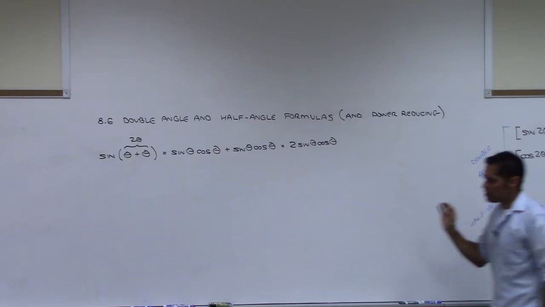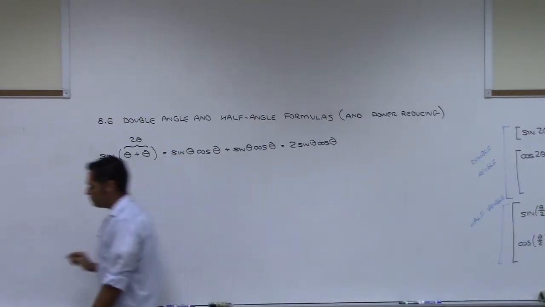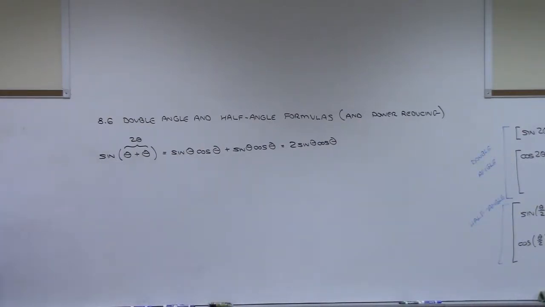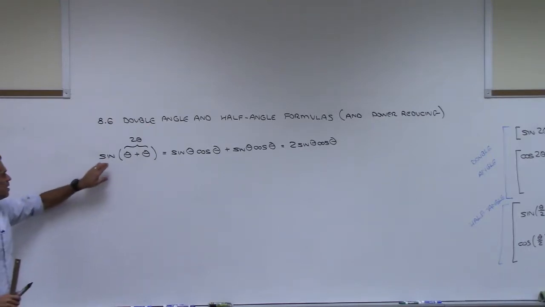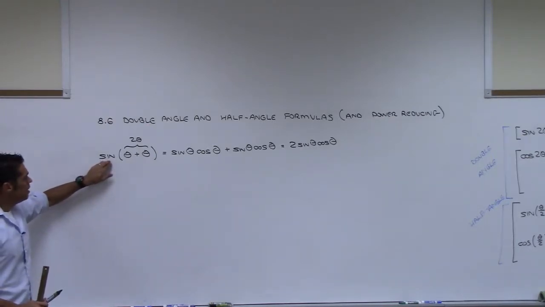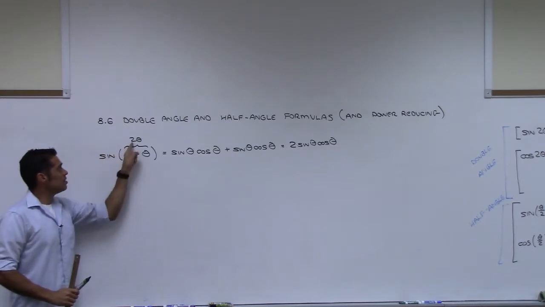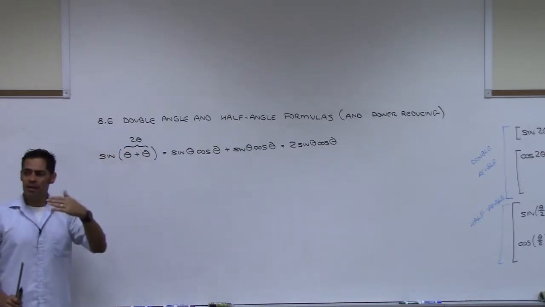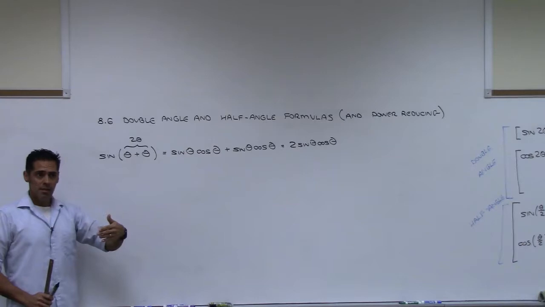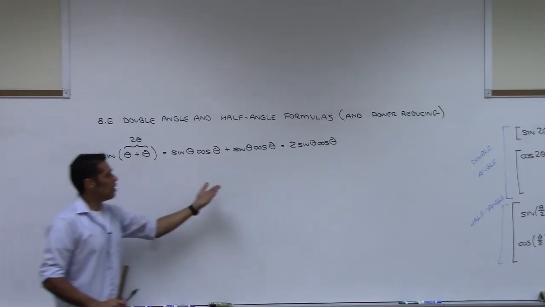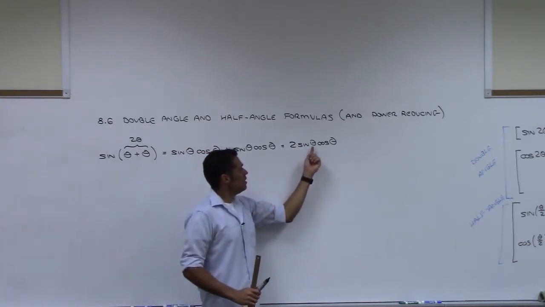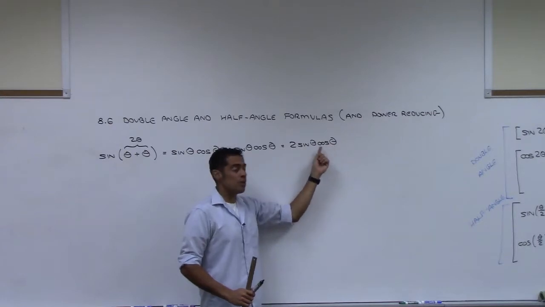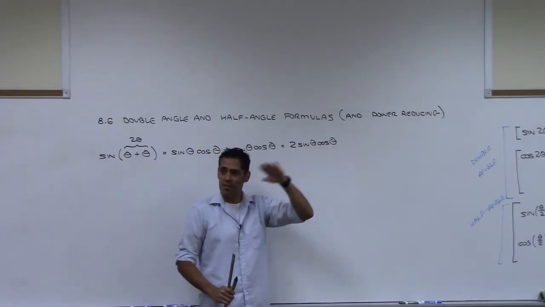Let me just make sure you understand that one way you could look at this formula is that if you ever have sine where the argument is 2 theta, there is a way to rewrite that so that in the new expression the arguments of your trig functions have gone from 2 thetas down to thetas.